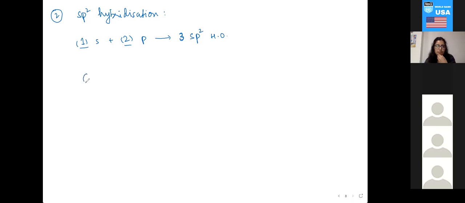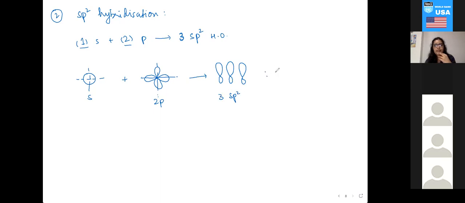So visually you have a spherical s orbital and 2 of the p orbitals. If this is the axis, one is this way, the other one is perpendicular to it. These three will combine, so I'll get 3 identical sp2 hybrid orbitals.